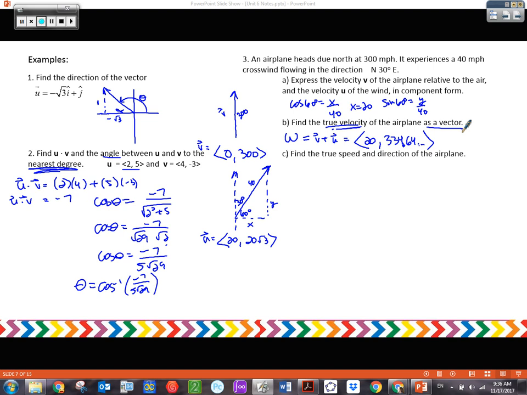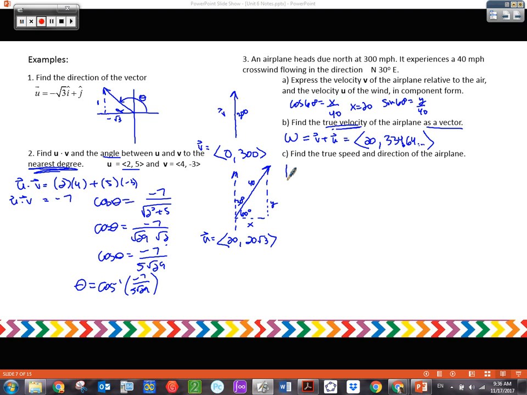True speed. True speed is the magnitude of the velocity vector. Right? Speed is the absolute value of velocity in function form, and when we're in vectors, it's the magnitude.